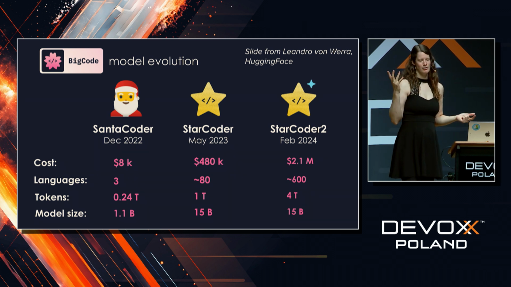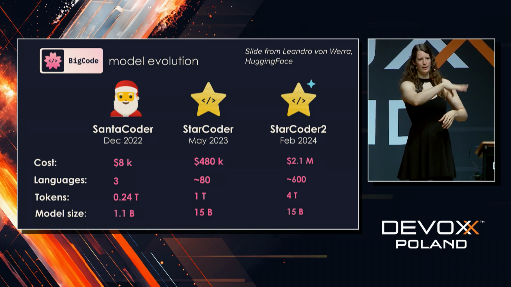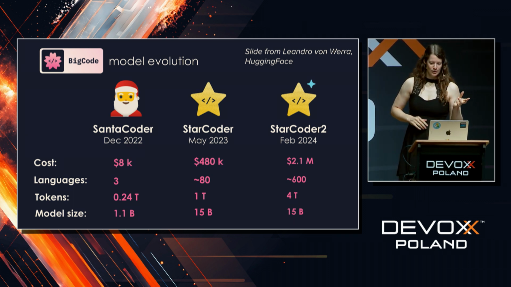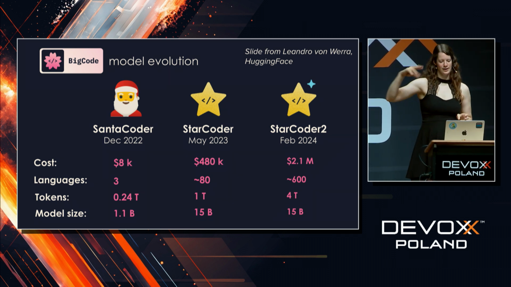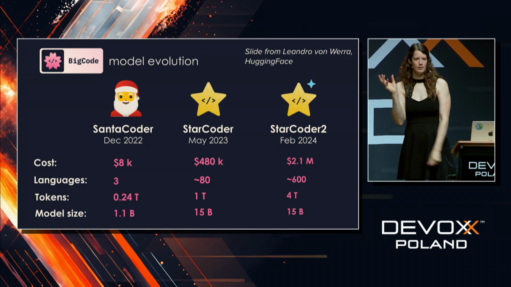So they've put together a team of over 1,000 scientists all over the world, so a group from Hugging Face and many others to help to generate one of the first open source coding models. And you can see their progress. You can see how many tokens they trained on. So tokens is about 3 characters.